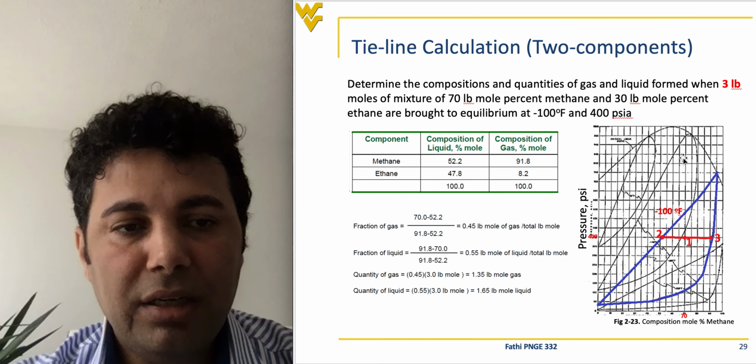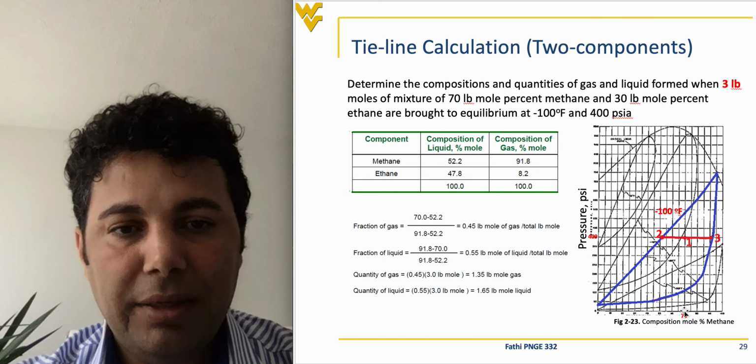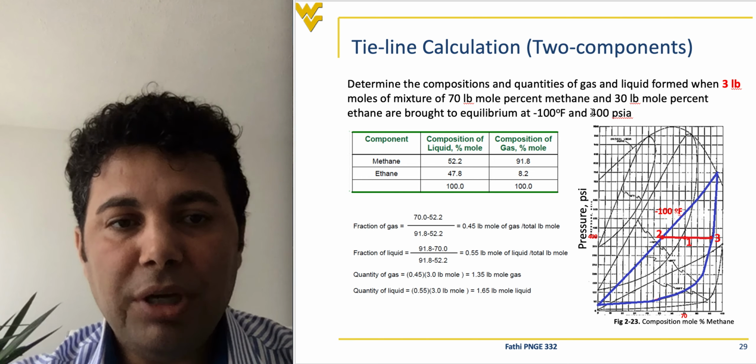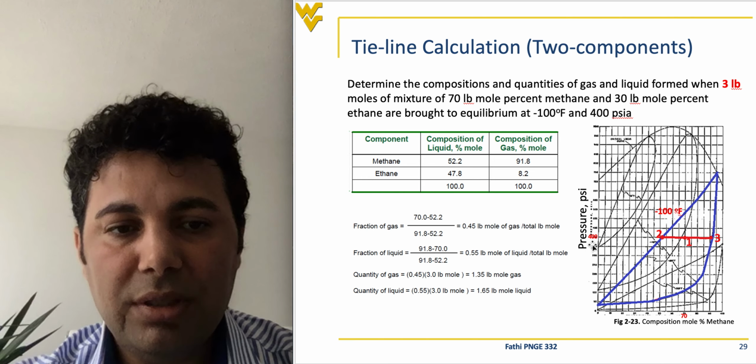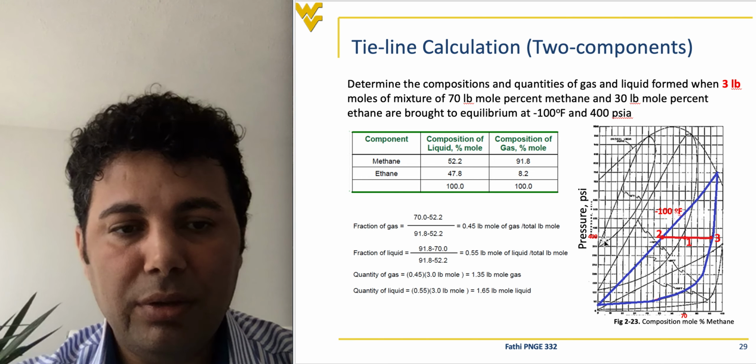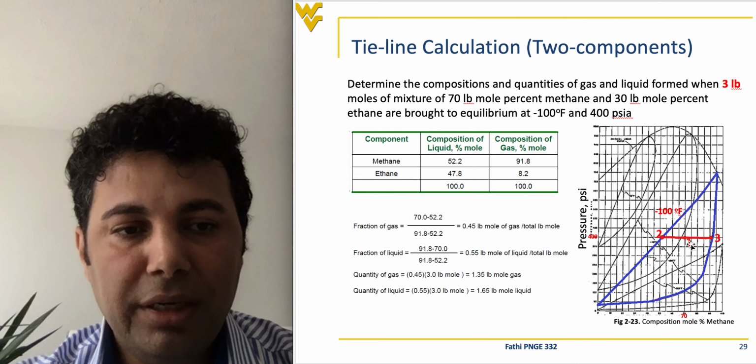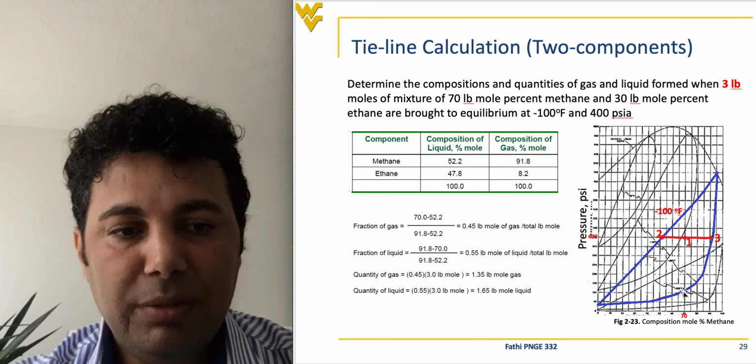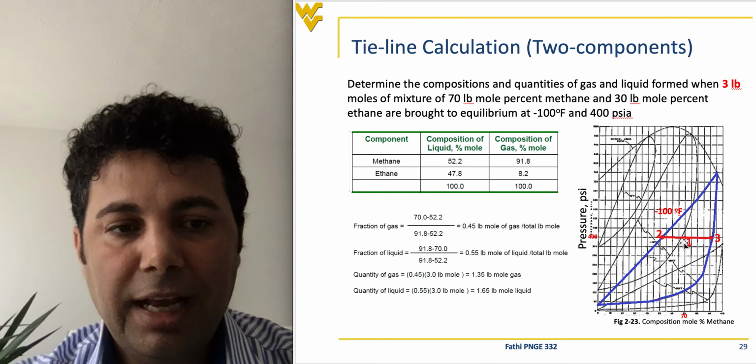On this line, I have 70% of methane. And then it says the pressure is 400 psi. So this is pressure and this is 400, so I know on this line it is 400 psi. So the 400 psi line intersects with the 70% methane line at point 1.